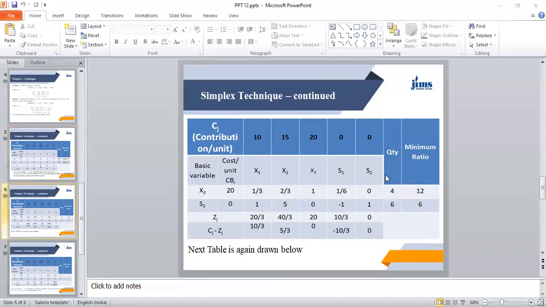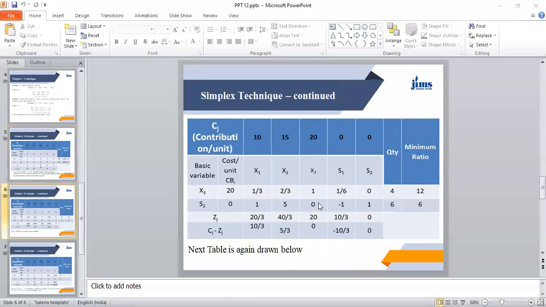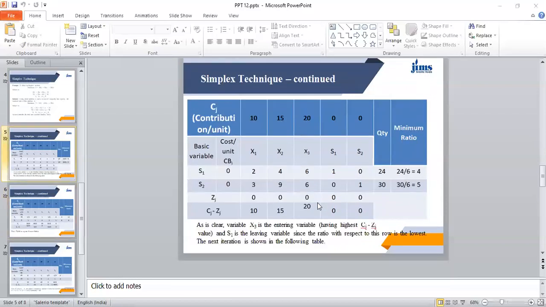Then I have also told you that all the elements in the key column except the key element will become 0. So here there is only one element, this 6, and it will become 0. And how do we calculate the value of other cell entries?